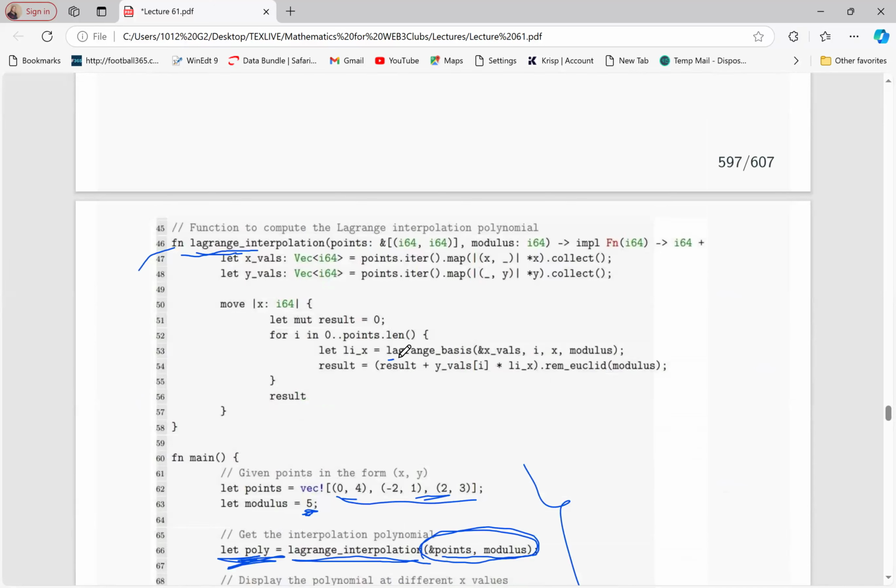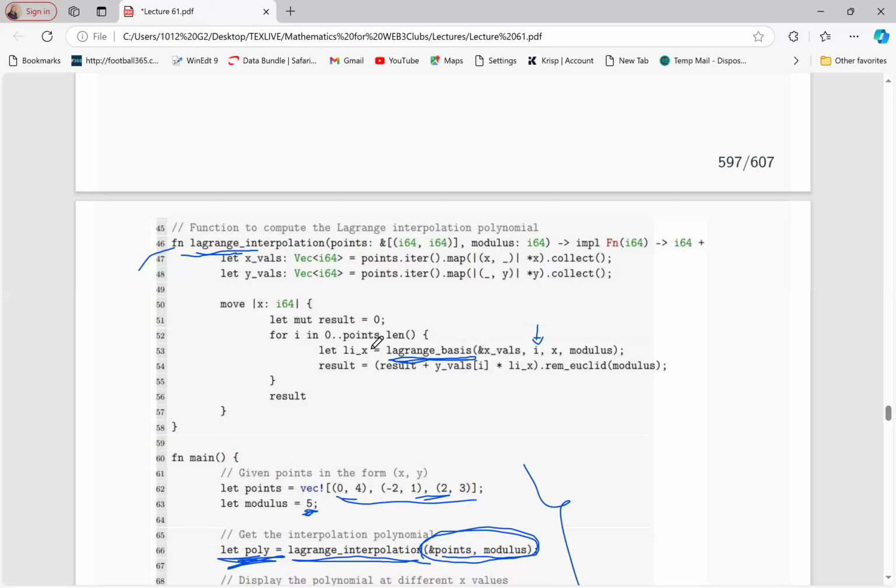So you can see at this point, it's calling on the Lagrange basis to provide the basis with respect to i, where i could be 0, 1, 2, so that you have L0 of x, L1 of x, L2 of x.